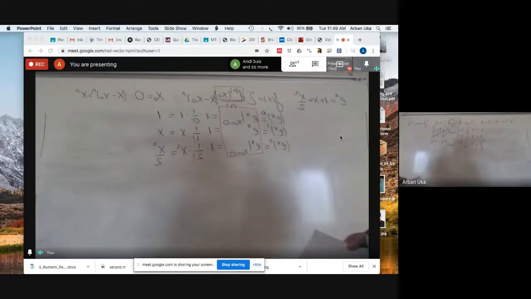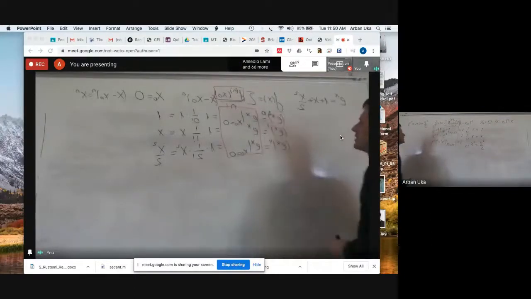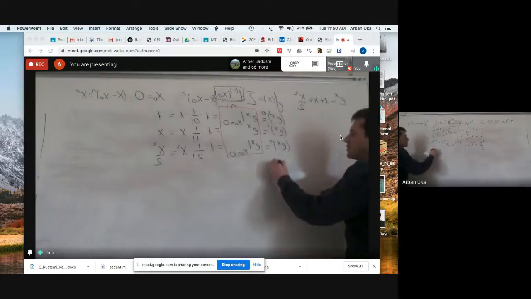Now, let's assume a different function, which is e to the power x squared, okay? So this is e to the power x squared. The zeroth derivative of e to the power x squared, I guess I can use this part of the board, so we have e to the power x squared.